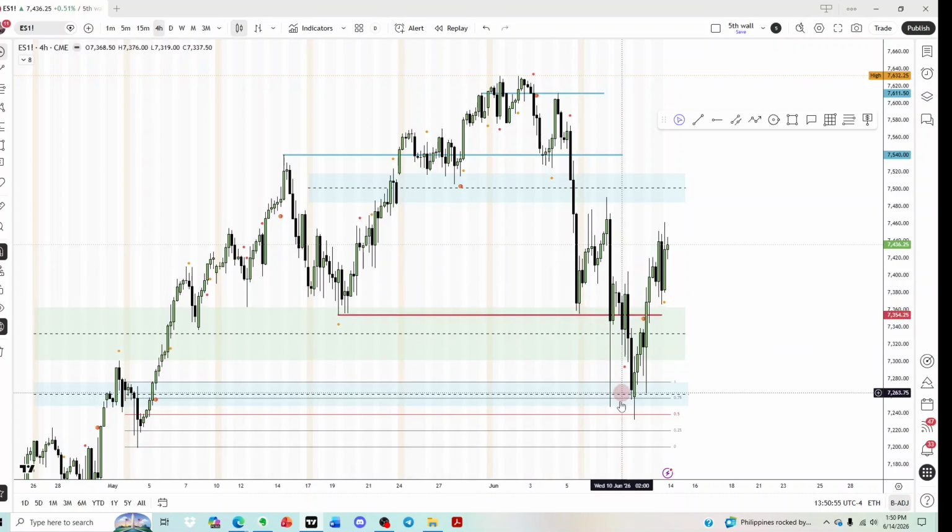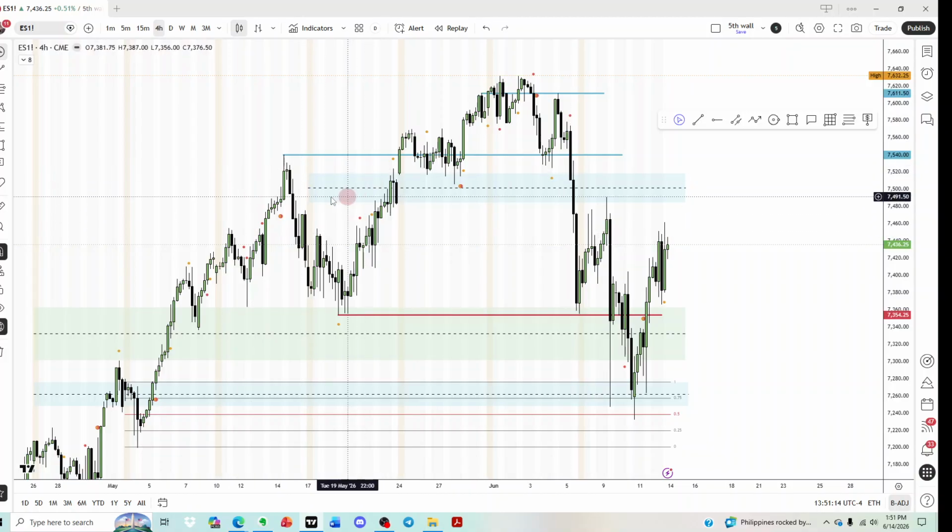Then this 3 steps down is an indication that enough is enough, and to start looking for a potential mean reversion setup or potential pullback.